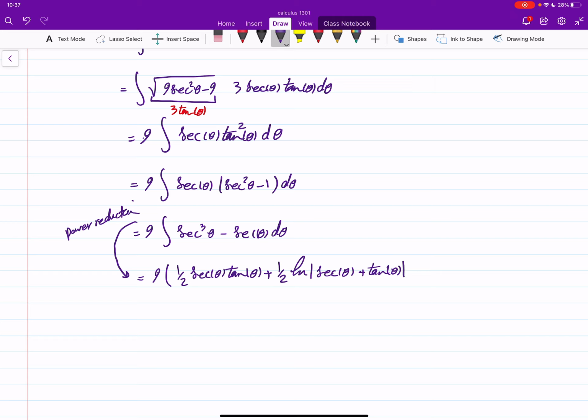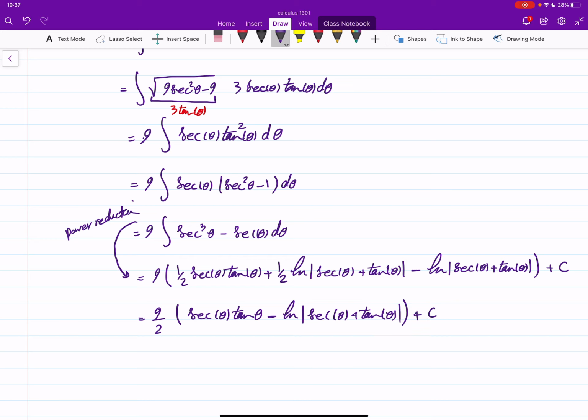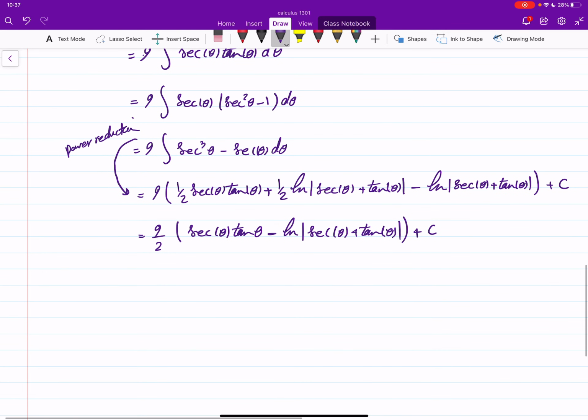That's the integral of secant cubed, minus the integral of secant itself, which is ln of secant theta plus tan theta, and then plus c. If you do the subtraction, there will be a common denominator 2 there. So we will have secant theta tan theta minus, this time, ln of secant theta plus tan theta, plus c.